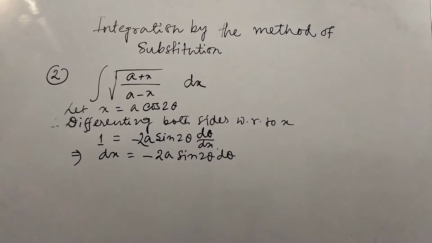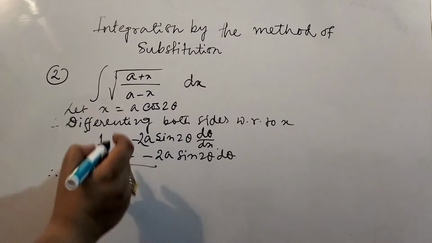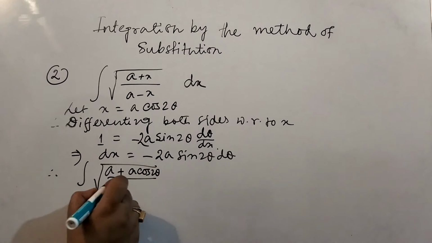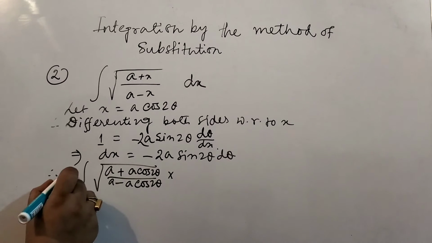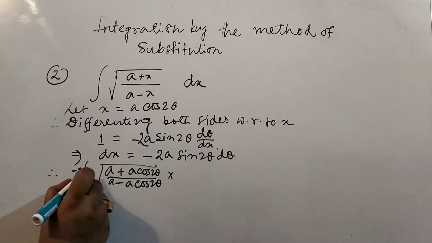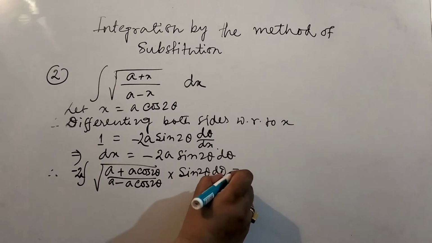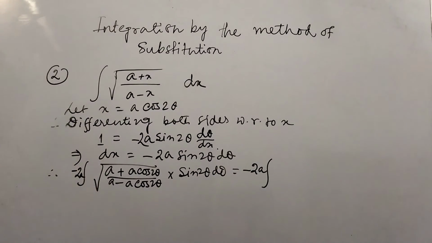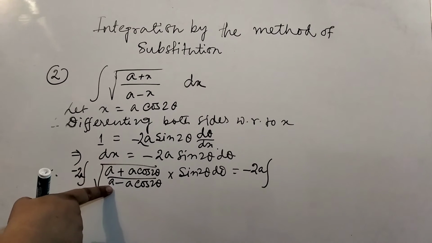So let's do this. This will give us integration of root over (a plus a cos 2 theta by a minus a cos 2 theta) into minus 2a sine 2 theta d theta, right? So here this is minus 2a integration, all these a's will be cancelled after taking common in numerator and denominator.